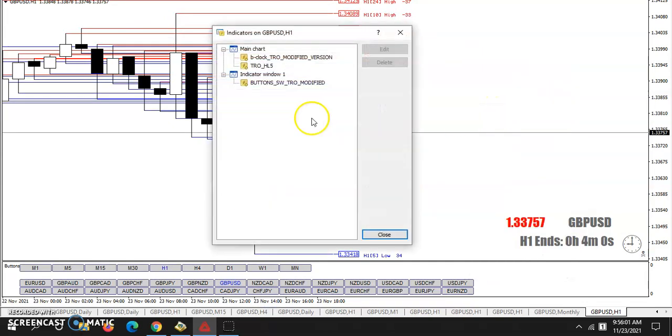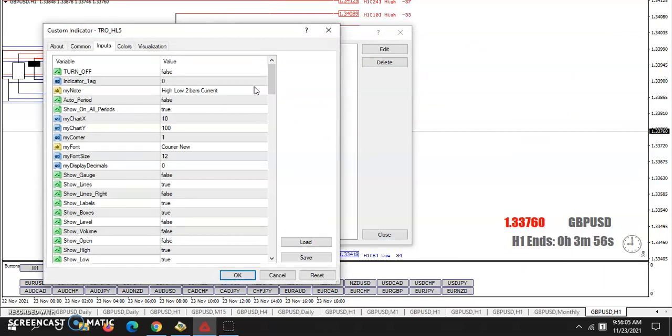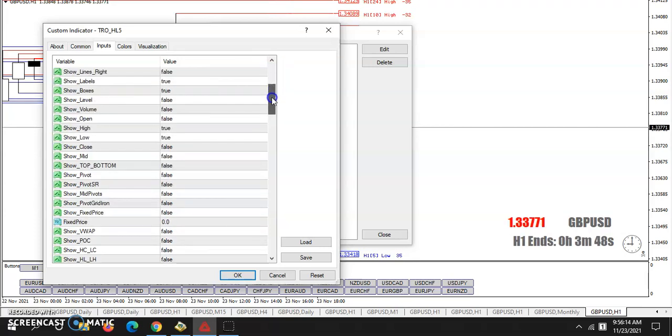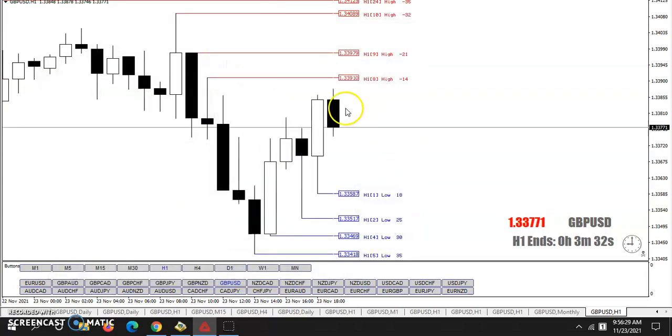Now, the thing about price, it has to break out of the previous bar's high or low. Otherwise, it's just confined there. And usually price will break out. Sometimes you have inside bars, but they happen maybe a couple times a day, but usually price is going to crisscross. And so when you say only show not crisscross true, you get a picture of what price has done.